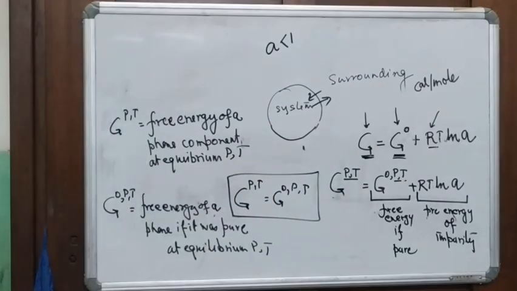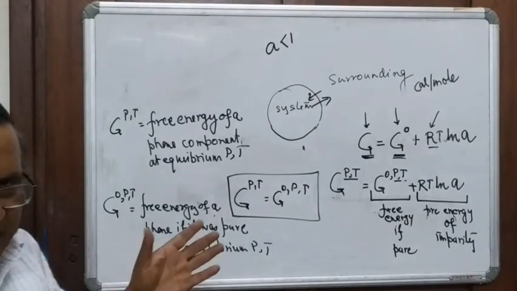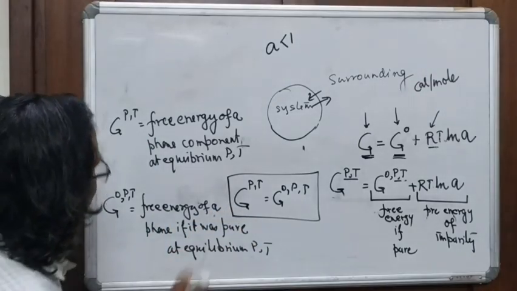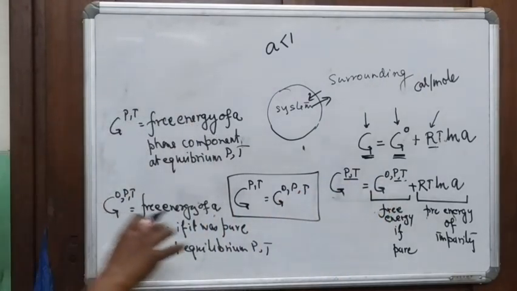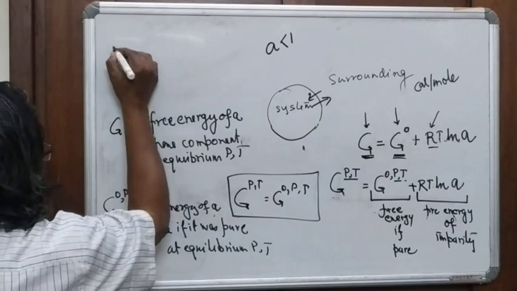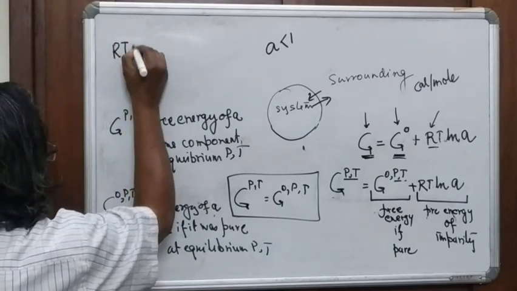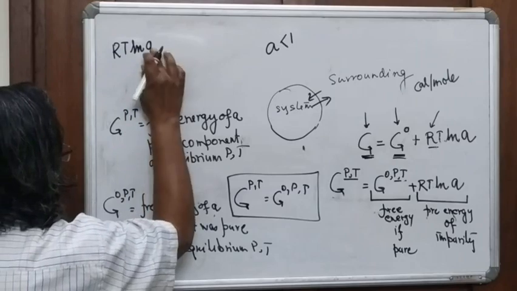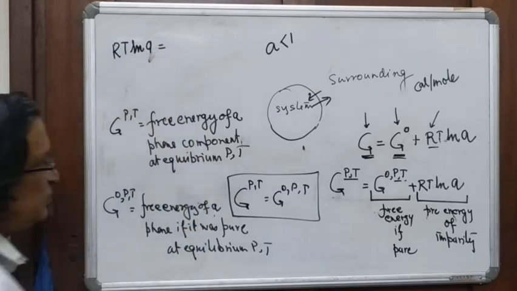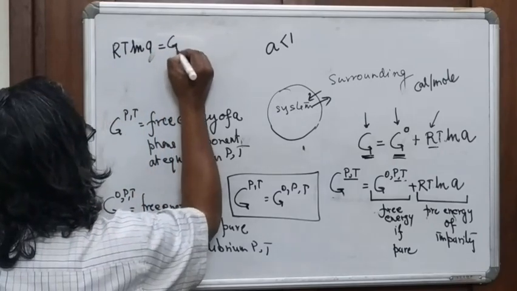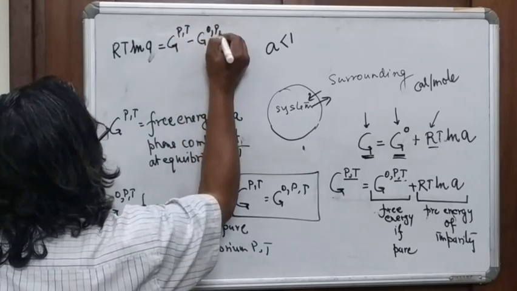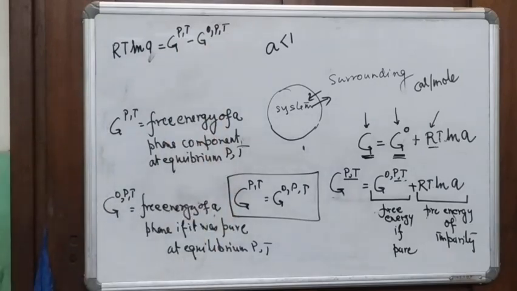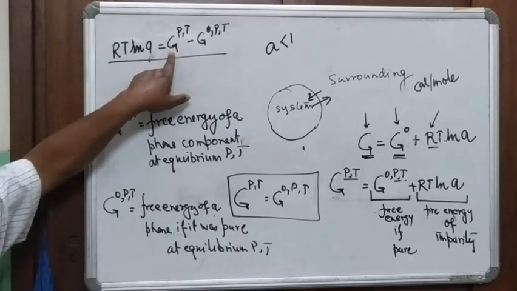Now, so we come to the first part, a good conclusion. And then you can write this in another way, and I leave this for you. I can write also RT ln A is equal to... Of course, G is the total free energy.